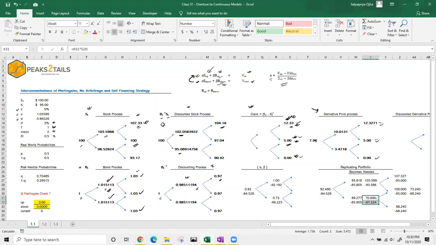Now, the fake probabilities, also called risk neutral probabilities, Q, are created in such a way that the stock price on an average grows at risk-free rate. So you will always find the expectation of the stock price in future is growing at risk-free rate. That is how the probabilities are created. We have seen that, right?